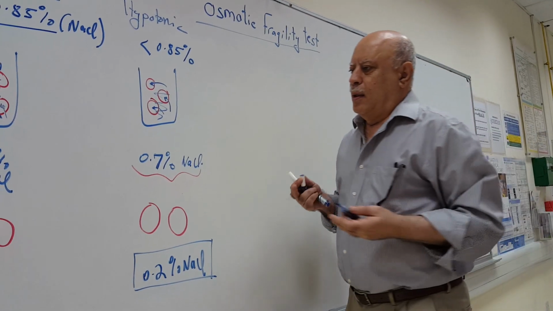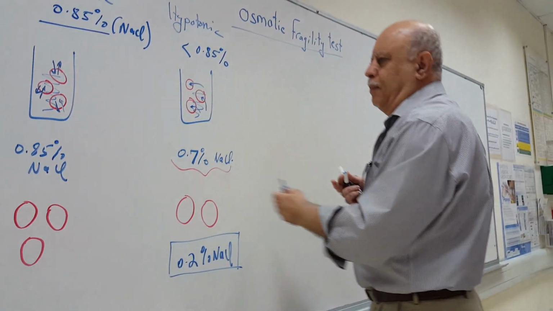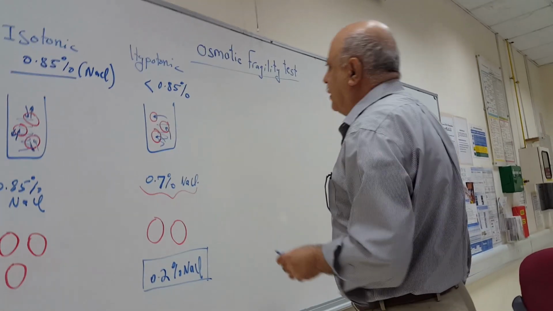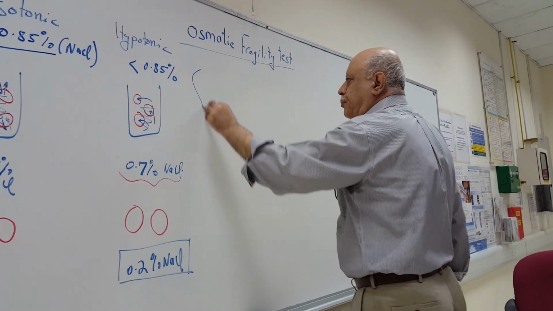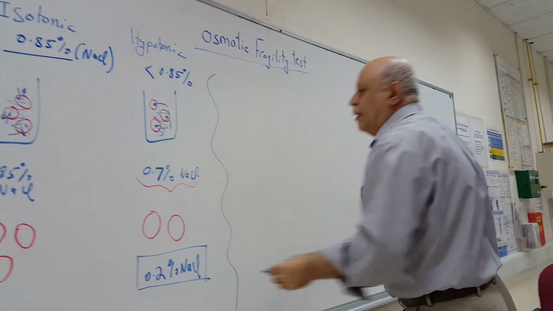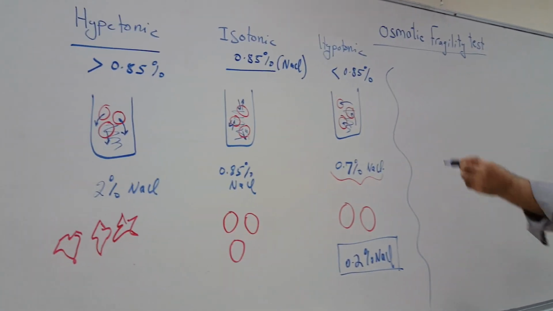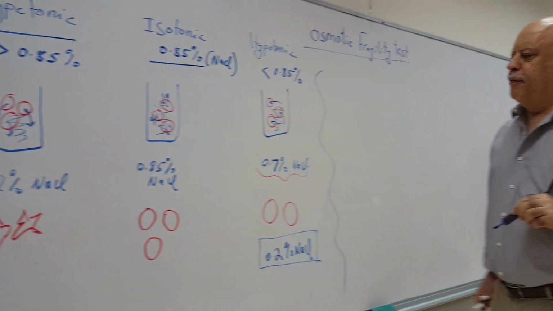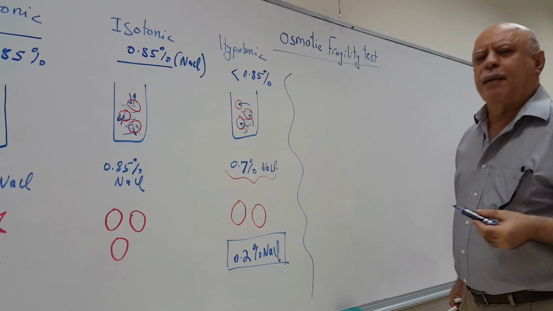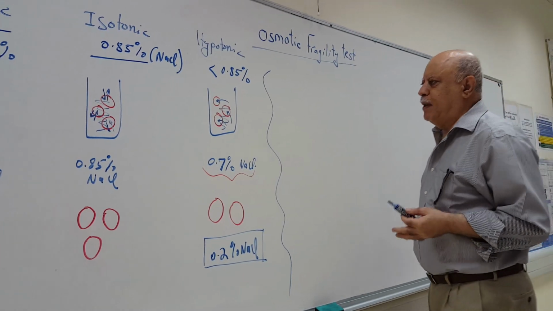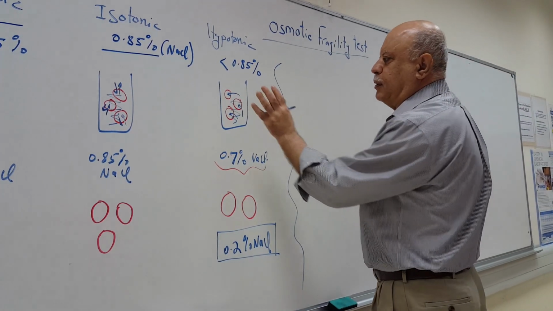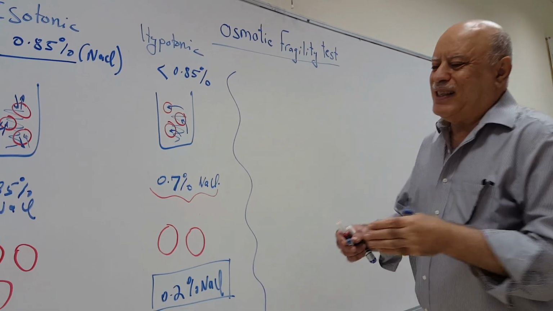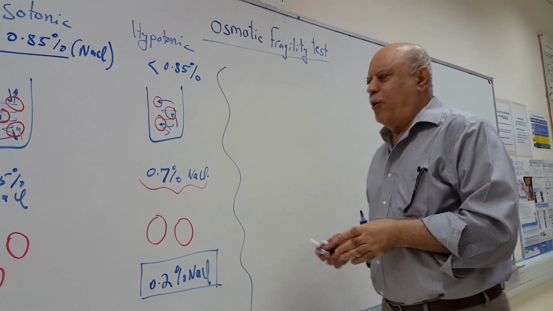So, we know what happened in those three solutions when we place RBC. Now, what happens is that not all the cells of everybody behave the same in a hypotonic solution. Some people's cells burst easier than others, or are less resistant.